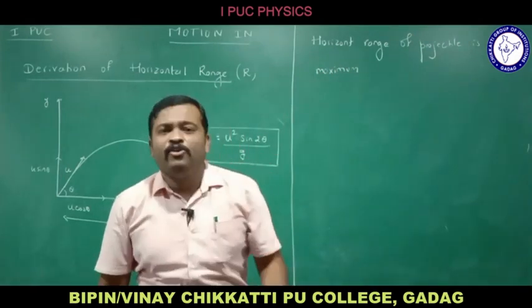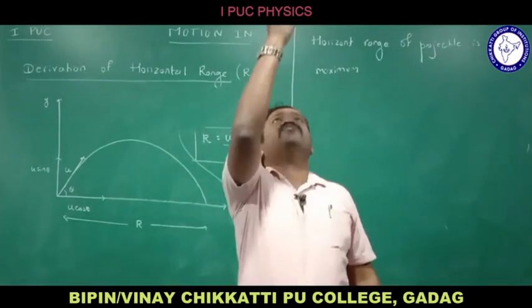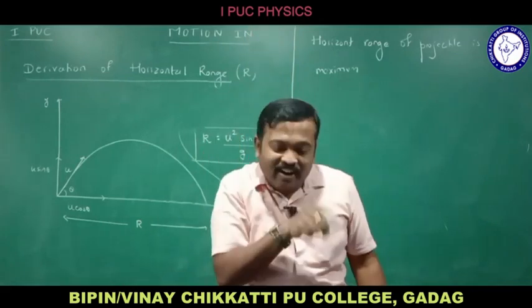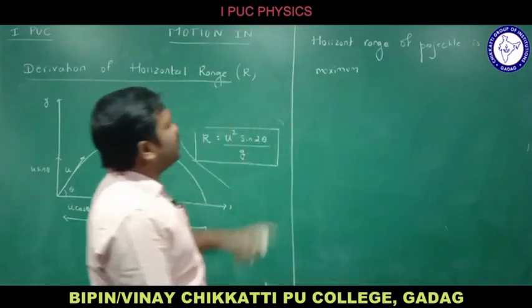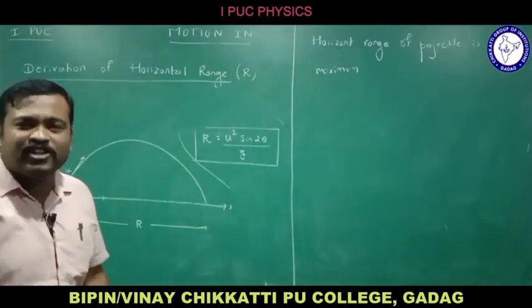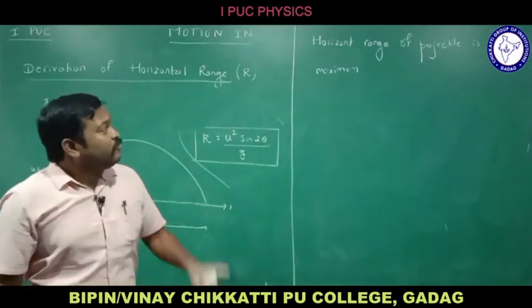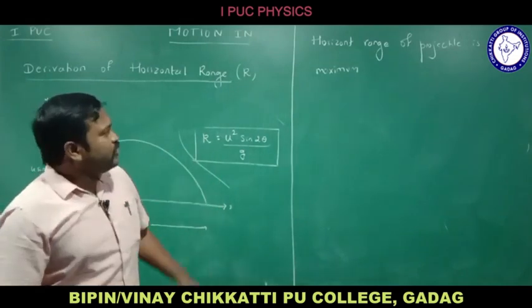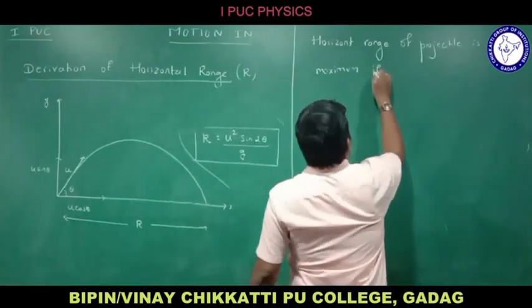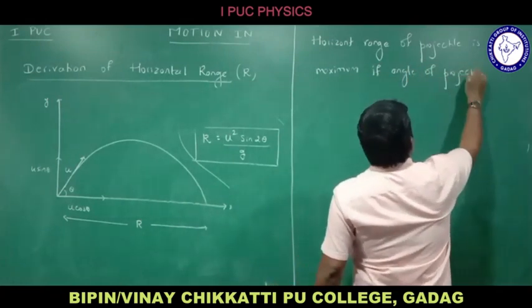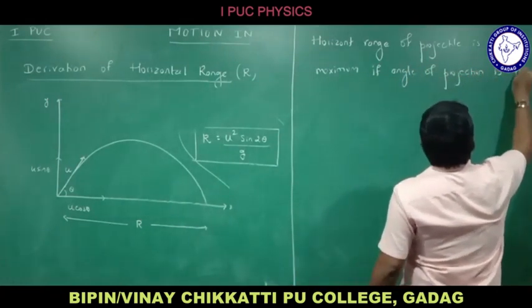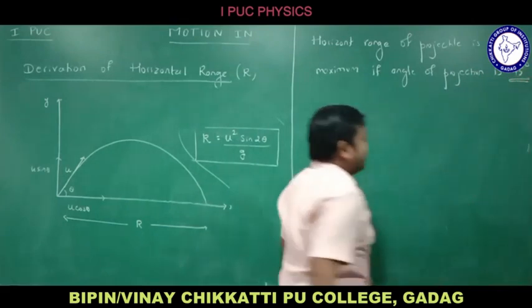First, we have already understood that the body attains maximum height when the angle of projection is 90 degrees. Now we are finding when the horizontal range is maximum. So horizontal range is maximum if the angle of projection is, do remember, 45 degrees.